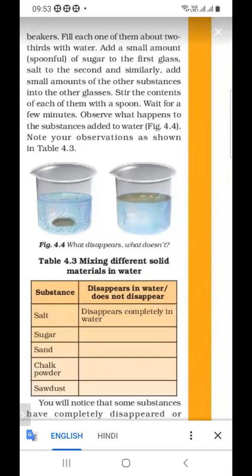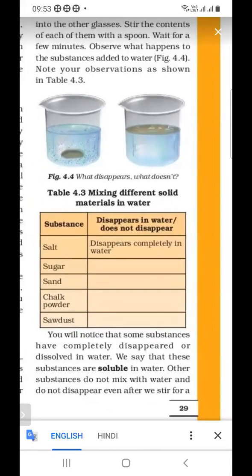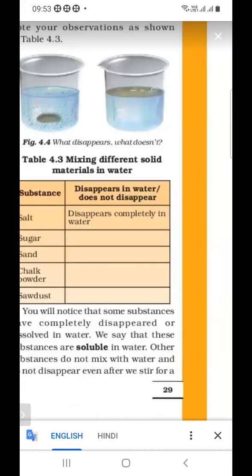The substance which dissolves completely into the water is called soluble substance, and the objects which do not dissolve into the water are called insoluble substance. So these are the examples of soluble substance: salt and sugar. Salt and sugar are soluble, and sand, chalk powder, and sawdust are insoluble. So these are soluble and insoluble substances.